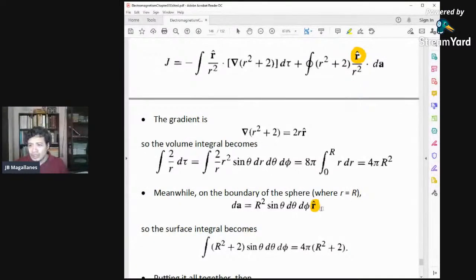So when you dot r hat and r hat here, it will give you 1, because r hat dotted with theta hat will just give you 0, and r hat dot phi hat will also give you 0. So it does not give you anything. The only area that could be dotted to r hat is the differential area with direction r hat to give you a meaningful result.